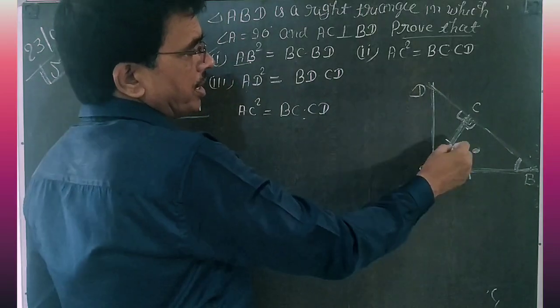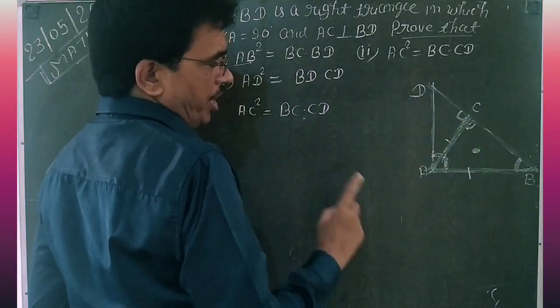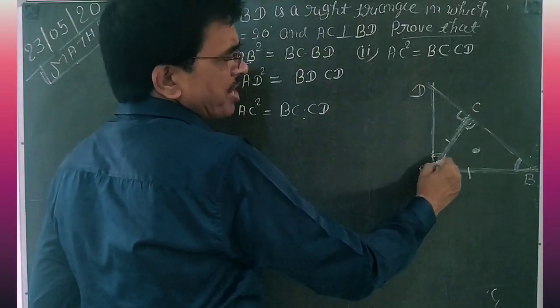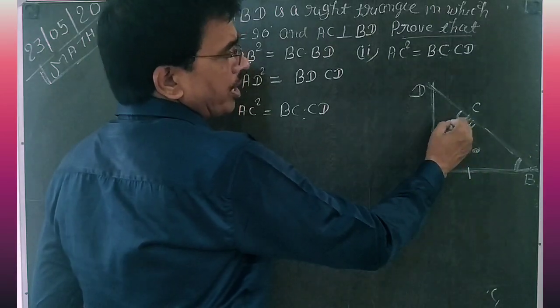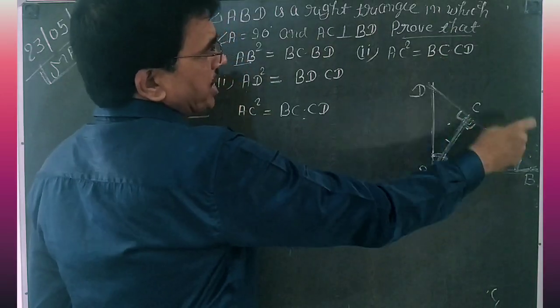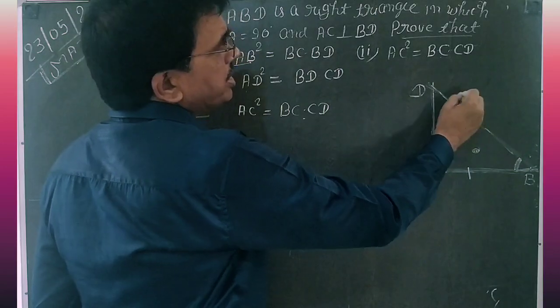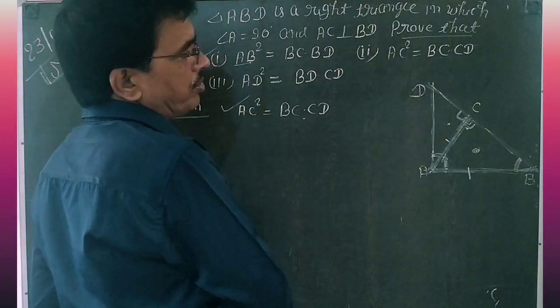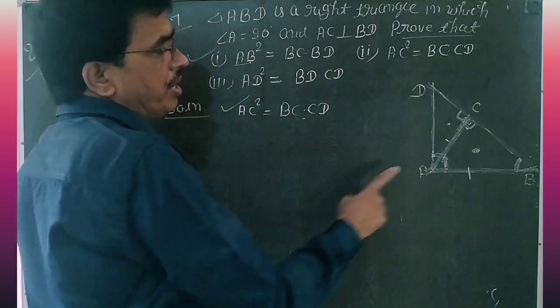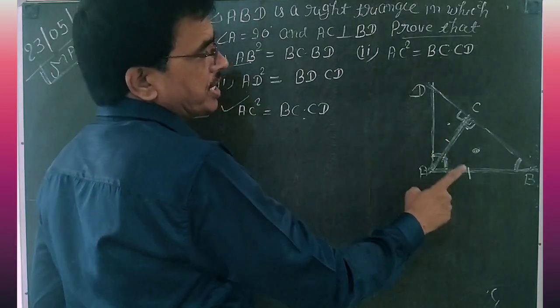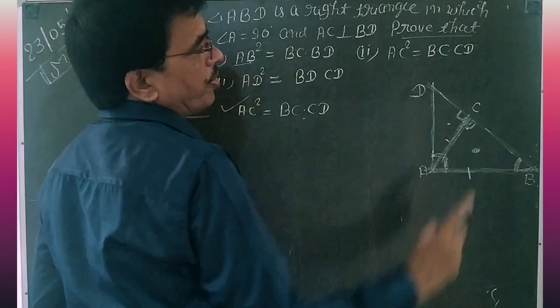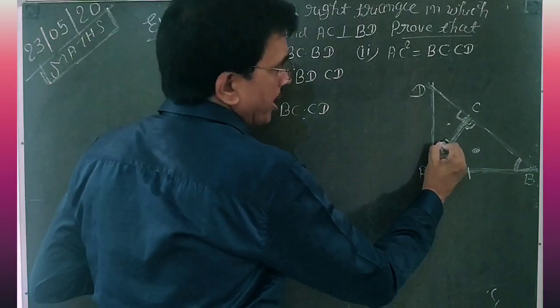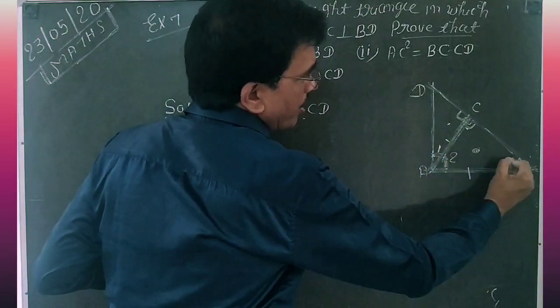It is clear both are small triangles, because AC is present in this small triangle and also in this small triangle, and BC in the first triangle and CD in the second triangle. So for the proof of this solution, it is only possible when you take the similar relation between these two small triangles. And similar relation between here is like 1, 2, 3.